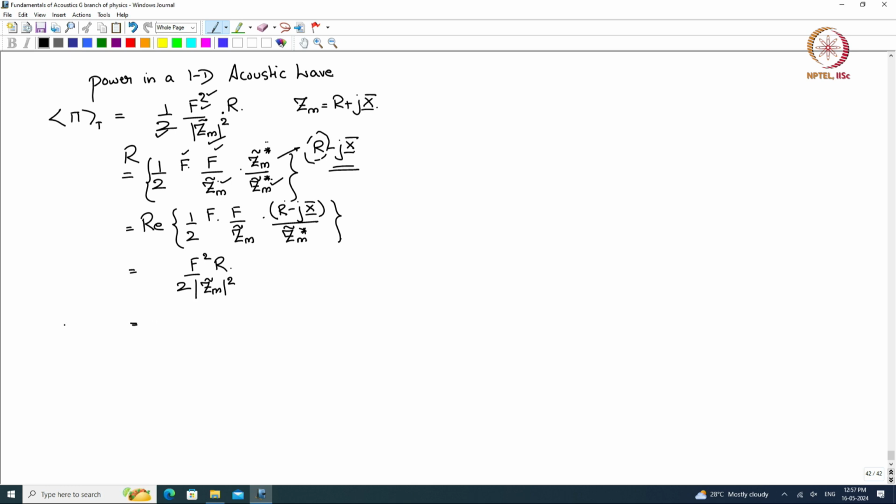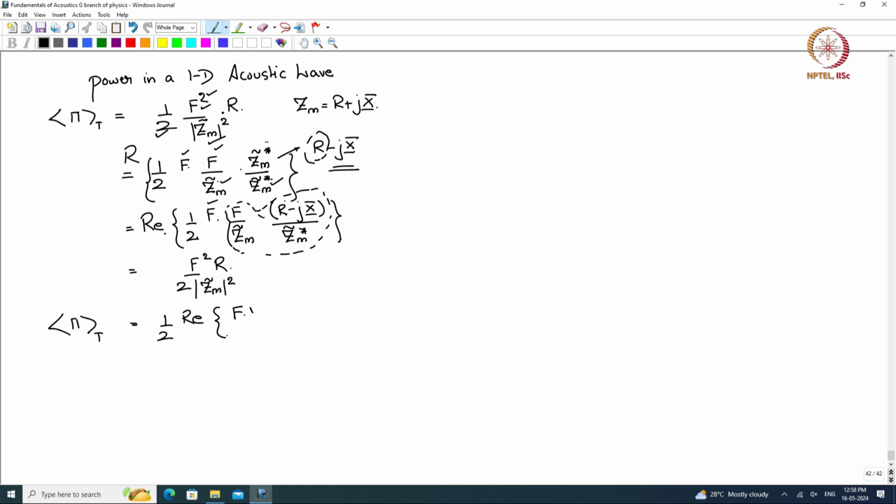This means the time averaged power can be found as 1/2 the real part of F times V conjugate, where this whole thing is V conjugate.